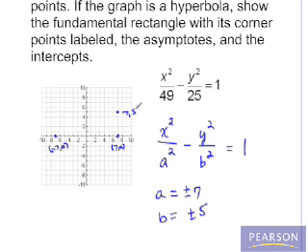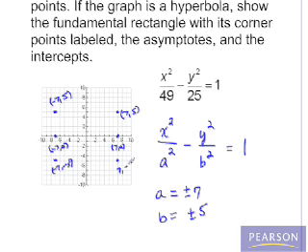We have the point negative 7, positive 5. And then we have negative 7, negative 5. And finally we have positive 7, negative 5.